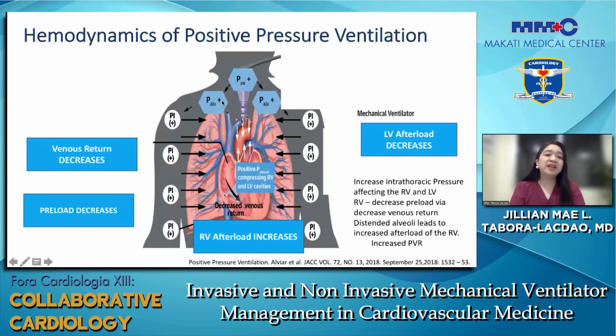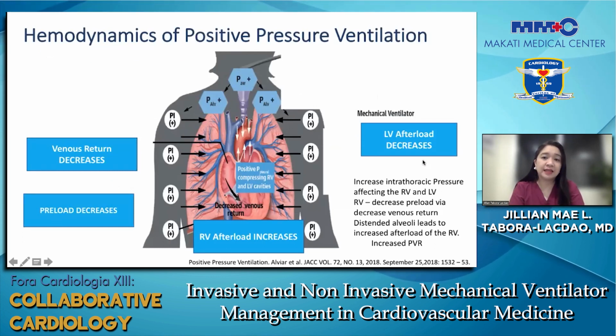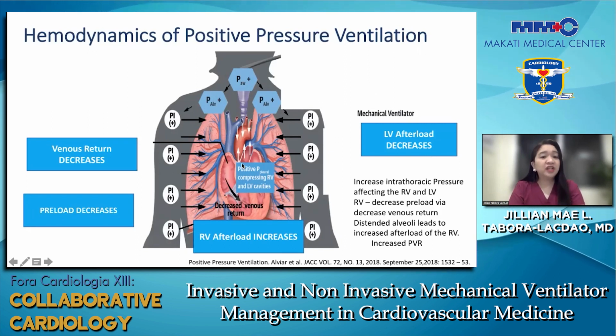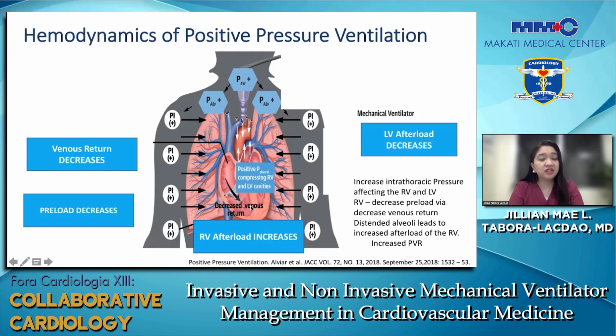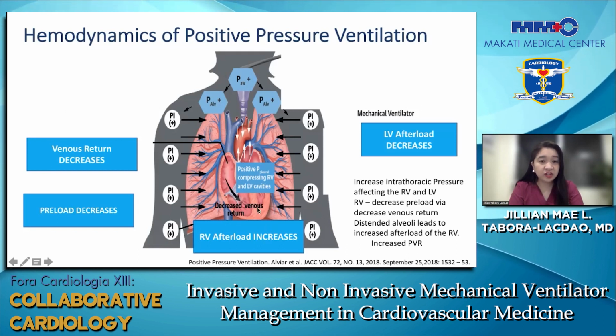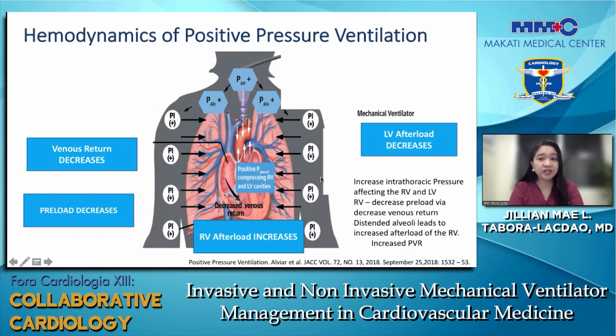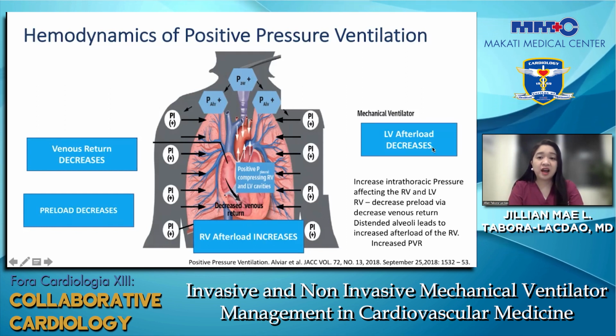So in the hemodynamics of positive pressure ventilation, the venous return decreases, the preload decreases, and the positive pleural pressure compresses the RV and LV cavities. There is decreased venous return, the RV afterload increases, and the LV afterload decreases.